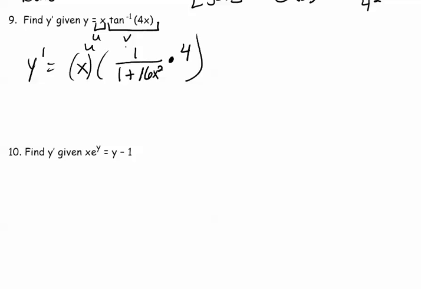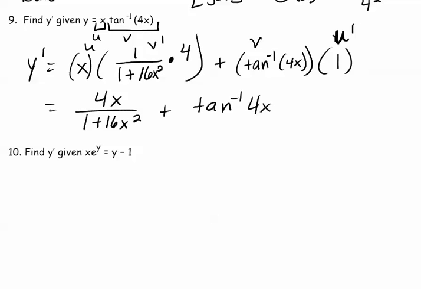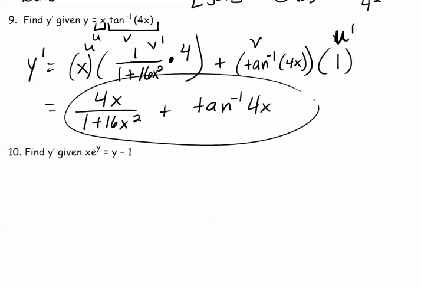So there's our u v prime plus our v term, arctangent or inverse tangent, times our u prime, and the derivative of x is 1. And we could move the 4x to the numerator, but nothing else required here. So I think that would work fine.